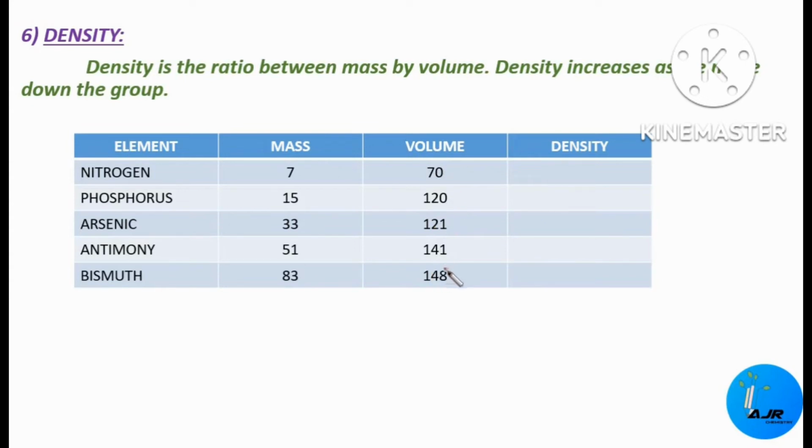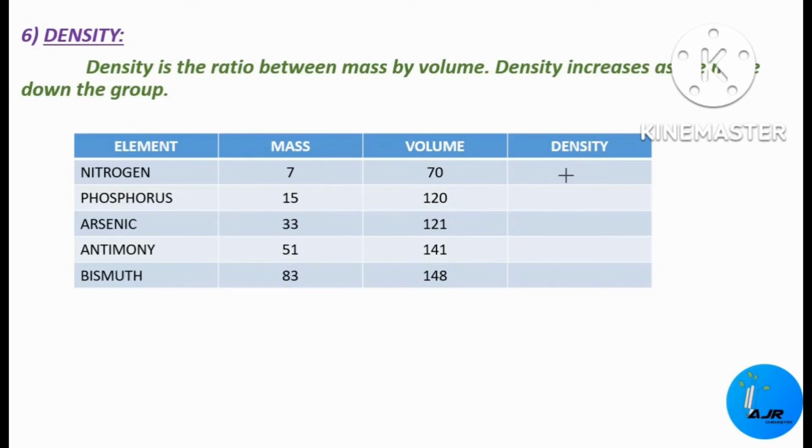Here the change in mass is at a high rate when we move from top to bottom, but the change in volume is at a low rate. So let us see the ratio between these two. What could be the values of density?